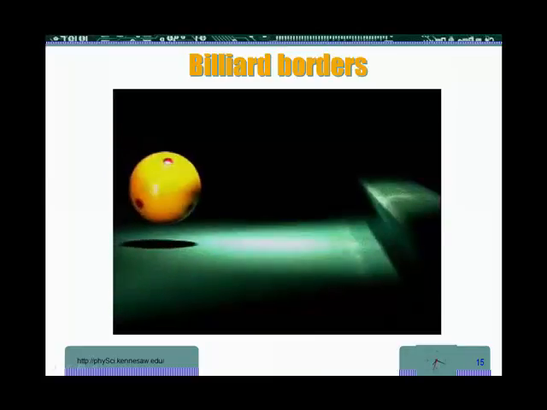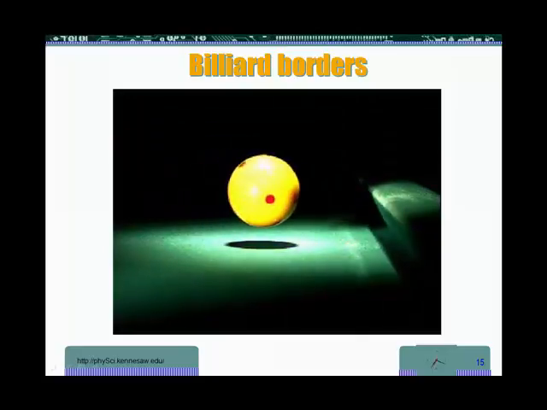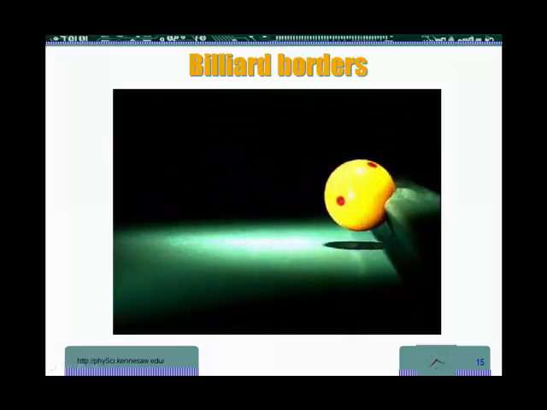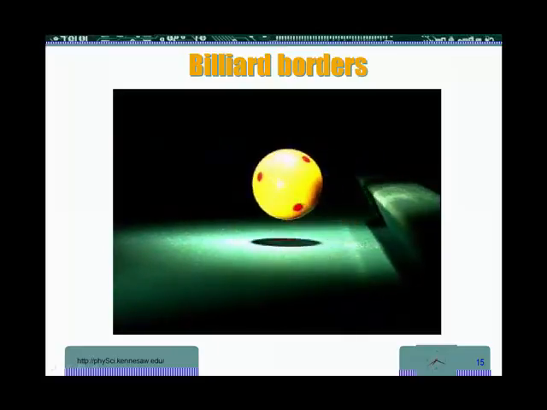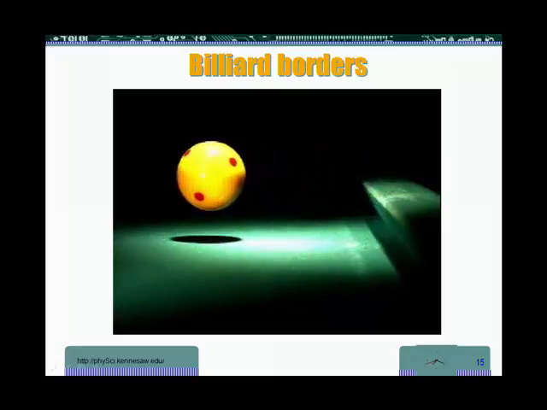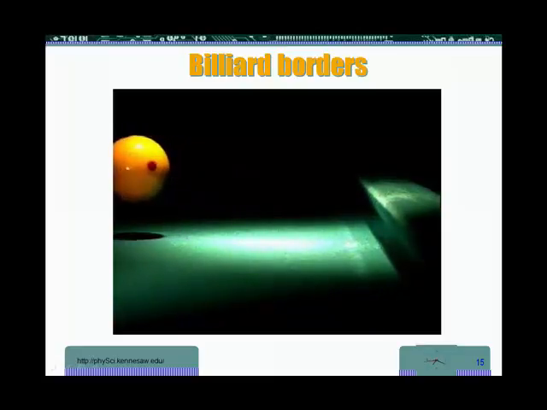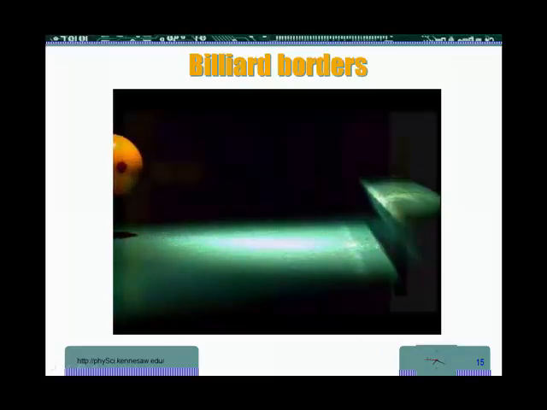Okay. Look at the impact on the rail. In this case, the ball is quite hard, but the rail is not that hard. So the rail is going to bend much more than the ball bends, and it's going to help the ball bounce back.